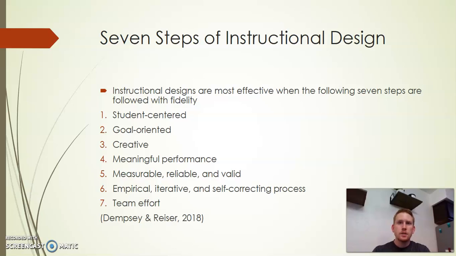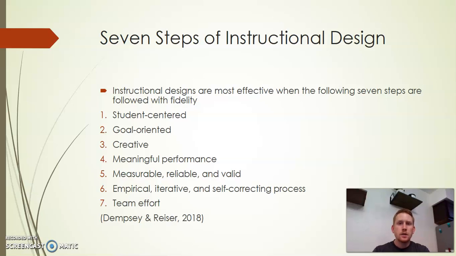The 7 steps of instructional design. Instructional designs are most effective when the following 7 steps are followed with fidelity. The entire design process must be student-centered. The process must be goal-oriented. The design process should be creative.